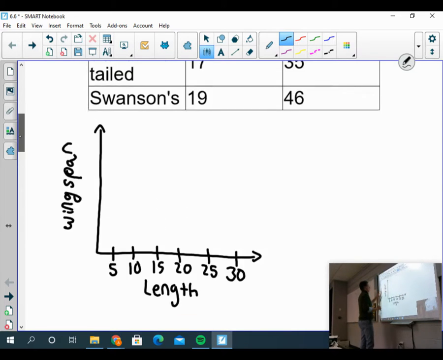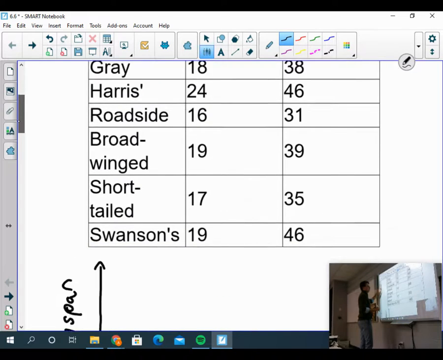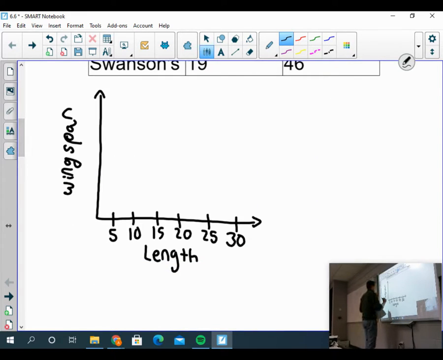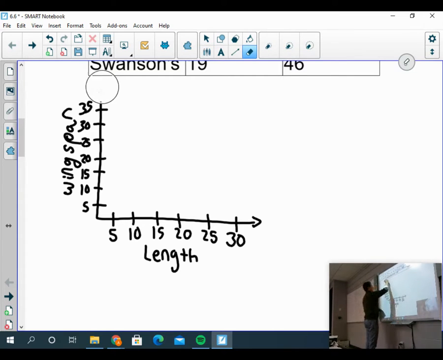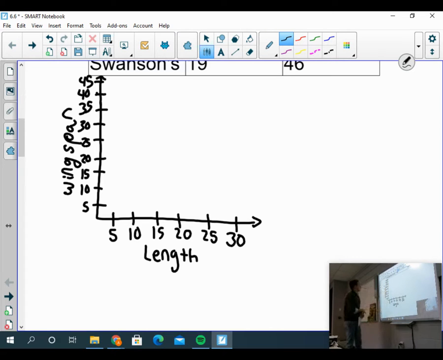And then wingspan, I will probably also go by 5s. Probably got to extend this line a little bit. Okay, so we got our scatter plot set up, or at least the axes of it.